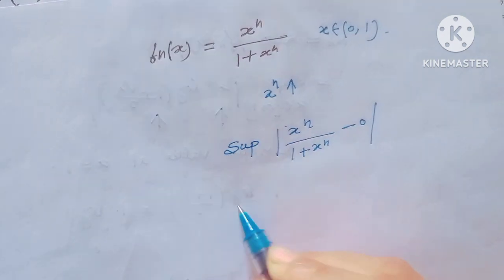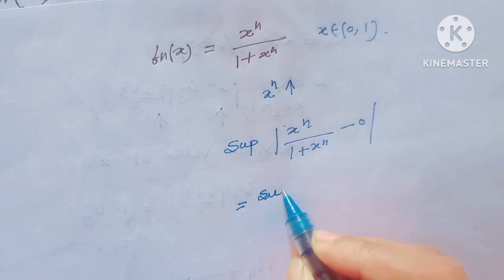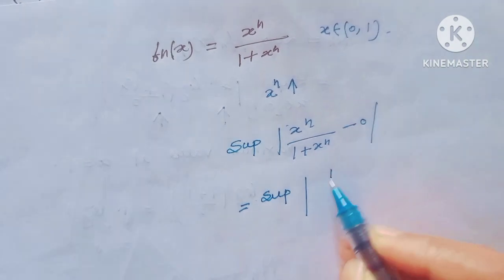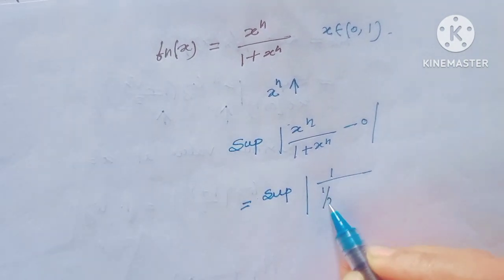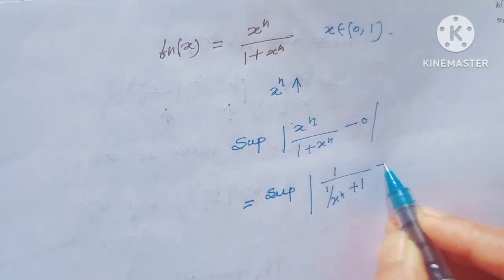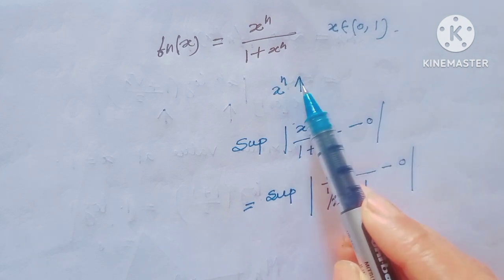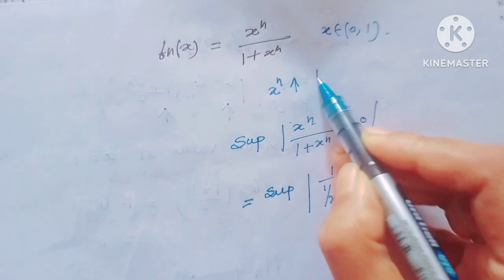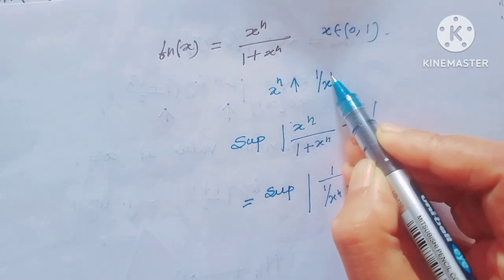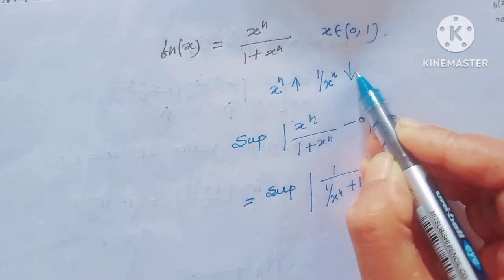This value, we can write, is the supremum of 1 over (x^n + 1) minus 0. Since x^n is monotone increasing, 1 over x^n is monotone decreasing.